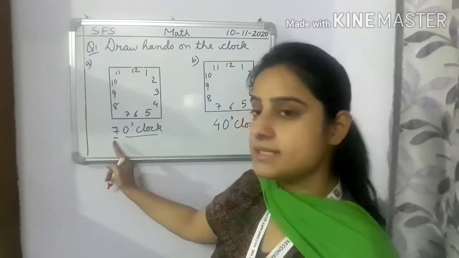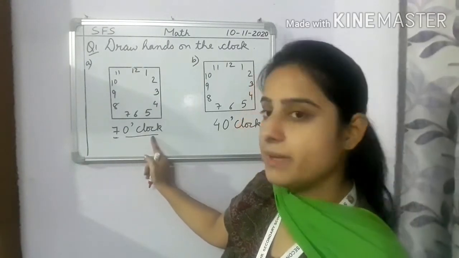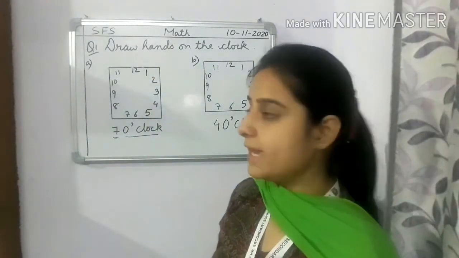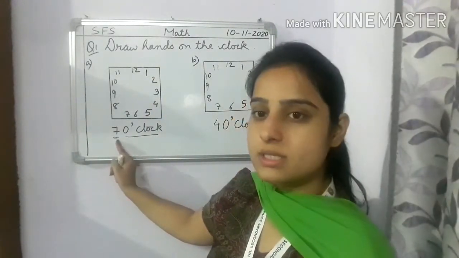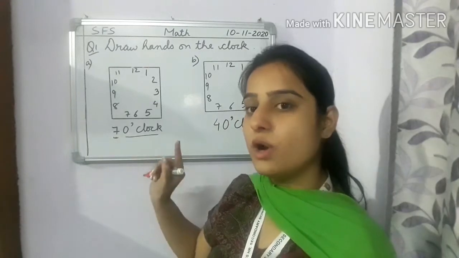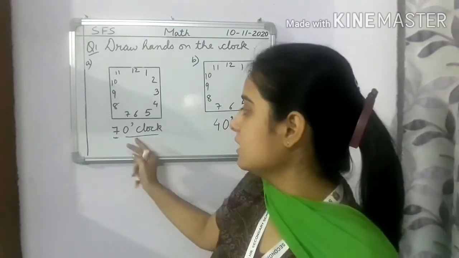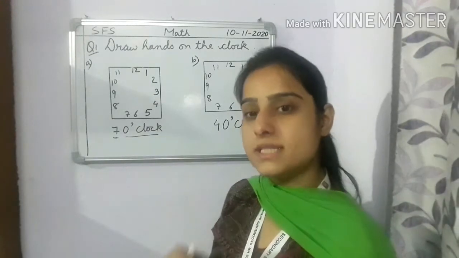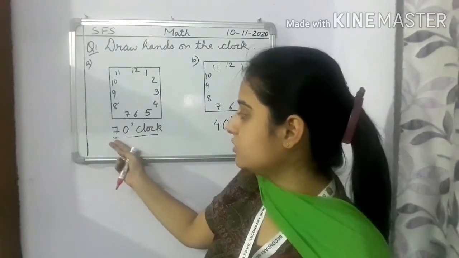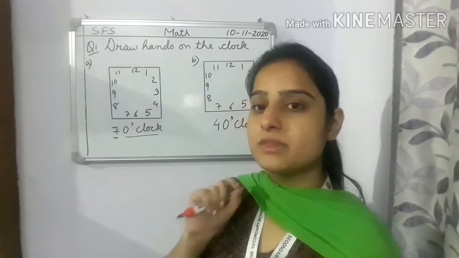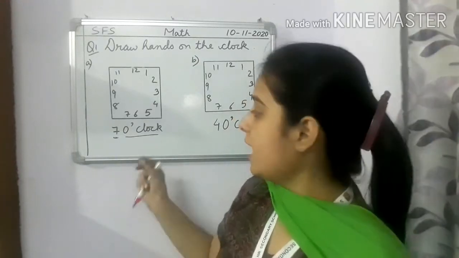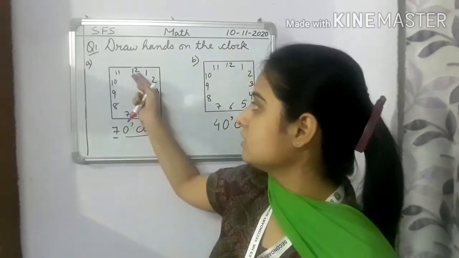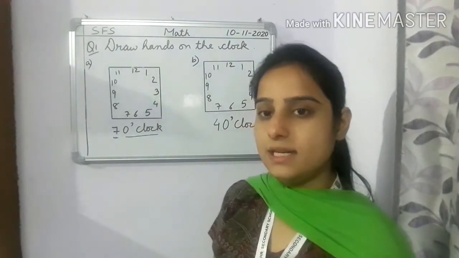The first number shows the position of your hour hand and o'clock shows the position of the minute hand. The position of the hour hand is on number 7, and the position of the minute hand is on number 12. Is it clear?